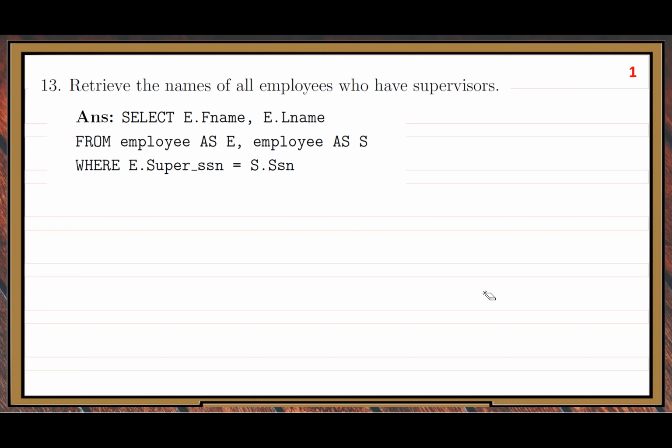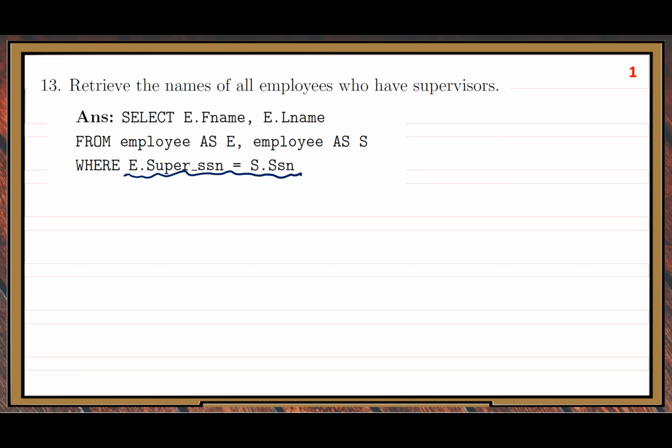We join two tables. We set the condition, because we want to see the supervisor's SS underscore SSN is a valid SSN, not a null value, because this selection condition won't select the null value.